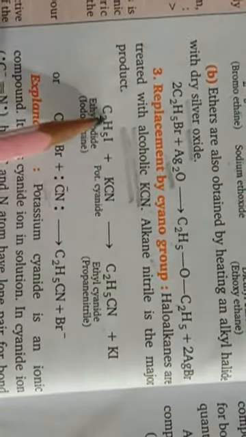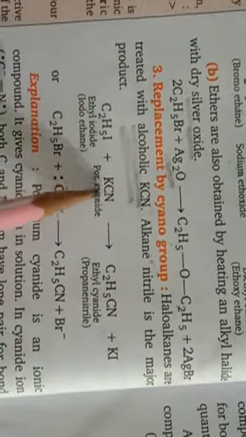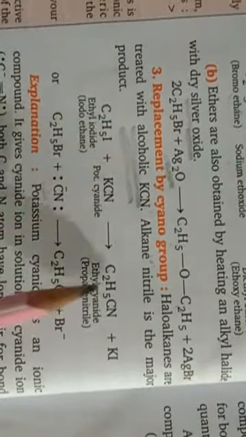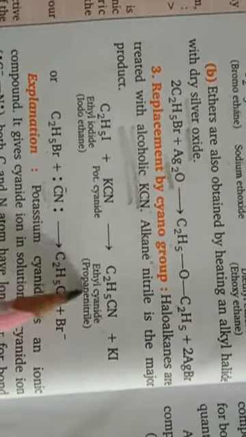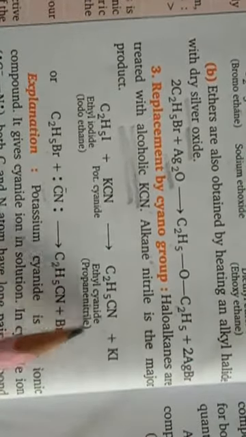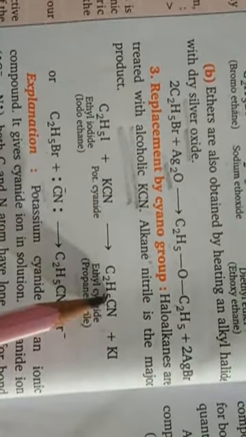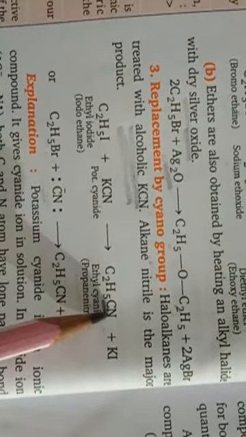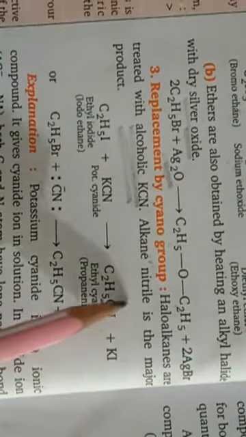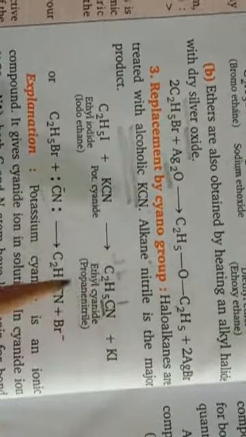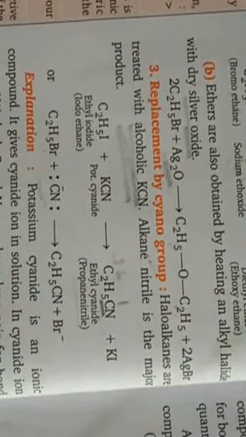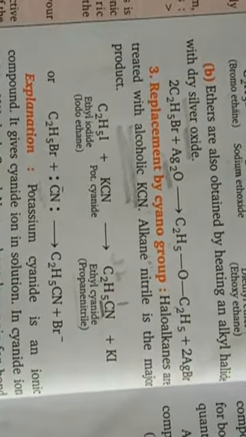For example, ethyl iodide when reacting with alcoholic potassium cyanide, then ethyl cyanide or propane nitrile is formed. The suffix used for CN is nitrile. We will start numbering from this side, 1 2 3. So propane and suffix nitrile, propane nitrile, okay children.